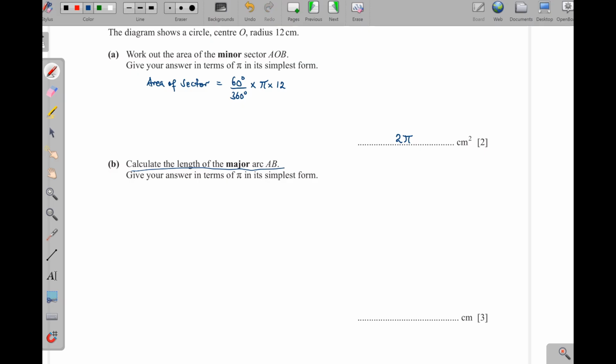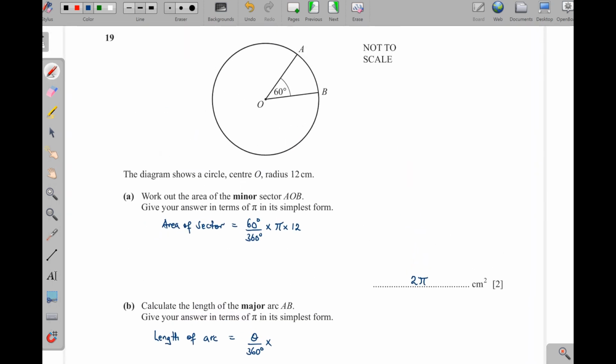Then next, part B. Calculate the length of the major arc. So length of an arc is equal to theta out of 360 degrees, also times, but now an arc is part of the circumference of a circle.